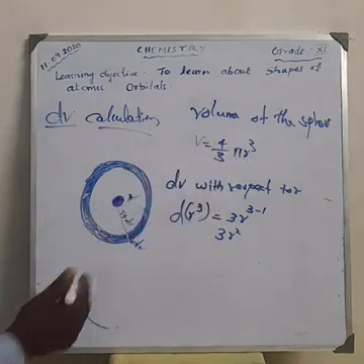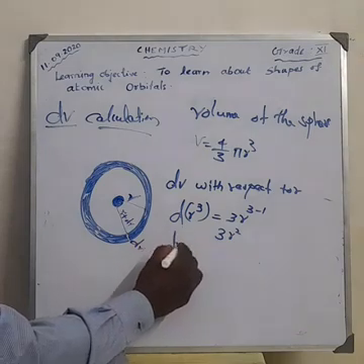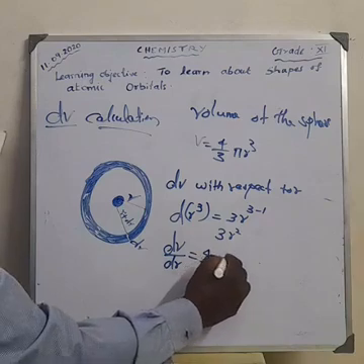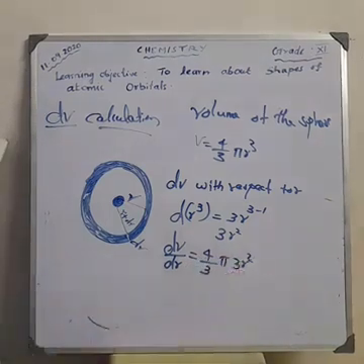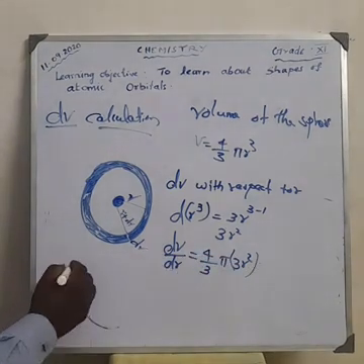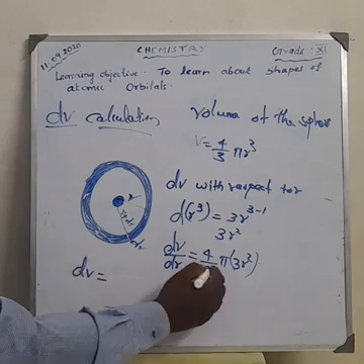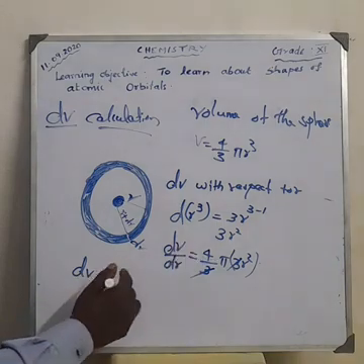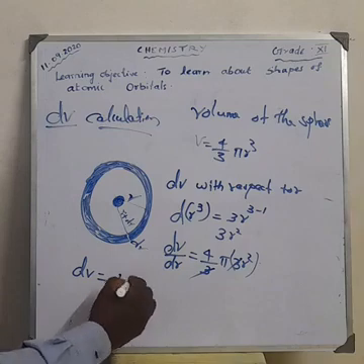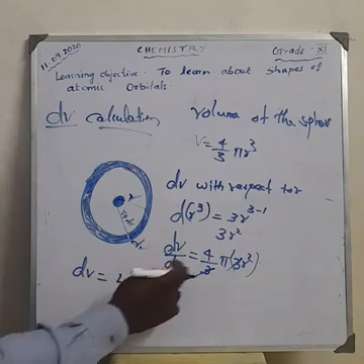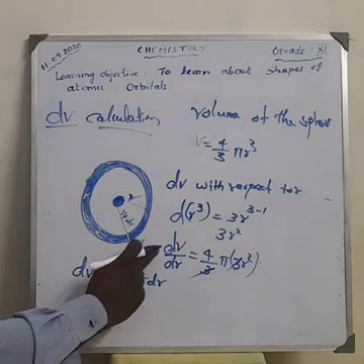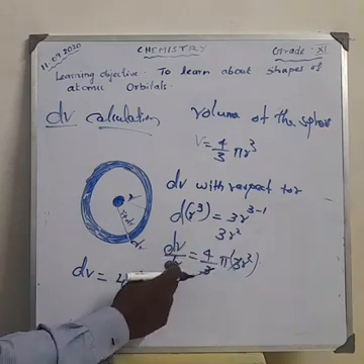So dV by dr is equal to 4 by 3 pi times 3r square. The 3 cancels, so dV is equal to 4 pi r square dr.